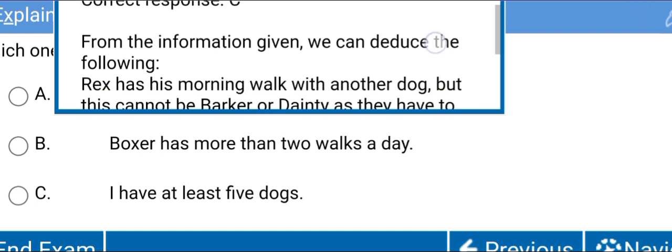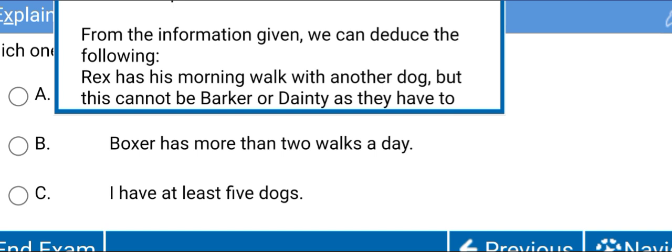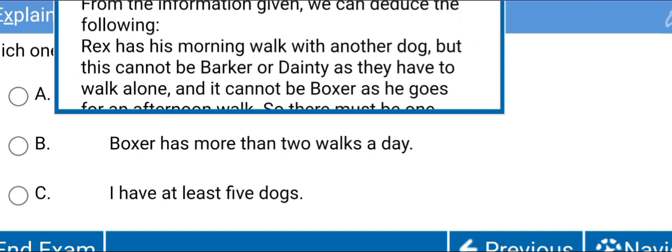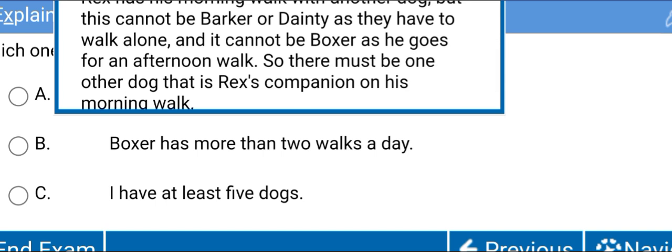From the information given, we can deduce the following. Rex has his morning walk with another dog. But this cannot be Parker or Dainty, as they have to walk alone, and it cannot be Boxer, as he goes for an afternoon walk.